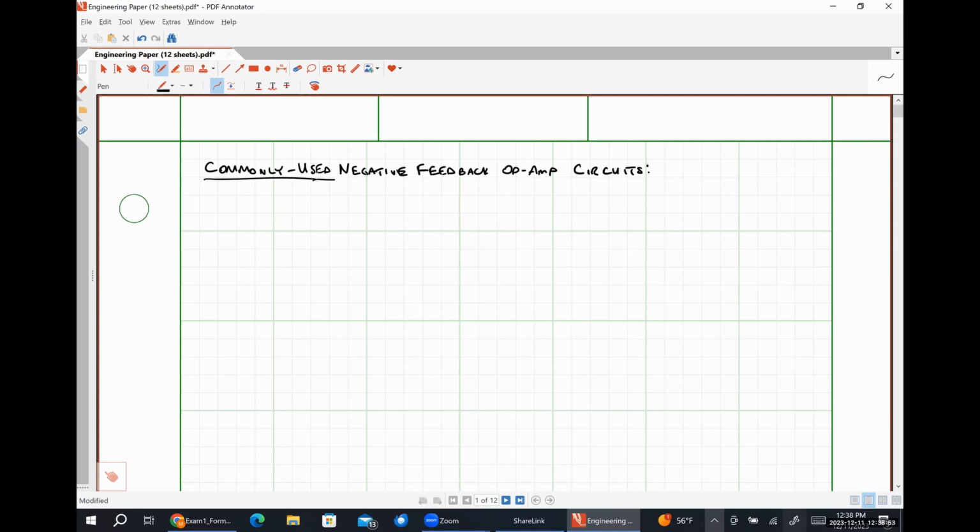And these are kind of the building blocks of how we use op-amps for negative feedback op-amp circuits to perform what's called analog signal processing. Analog signal processing really just means manipulating signals to make them do what we want them to do. So that might be adding them together, taking the difference of them, scaling them, attenuating them, things like that.